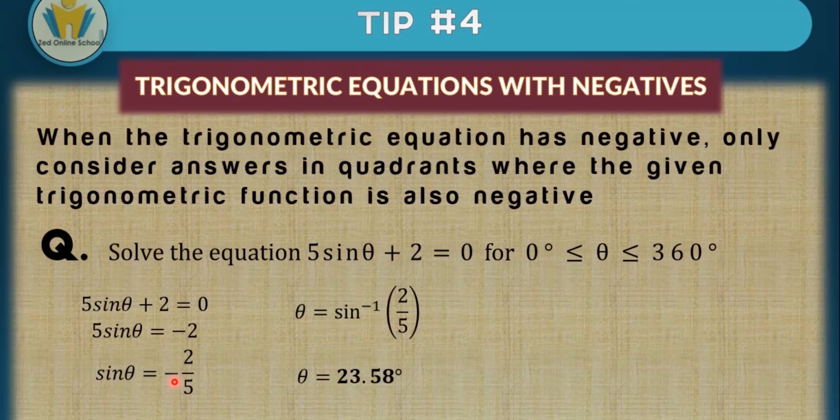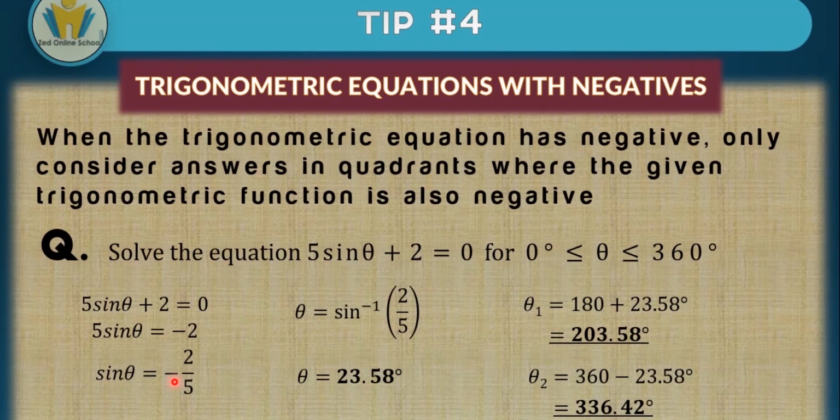We need to find this angle in the third and fourth quadrants. This angle is going to be 203.58 in our third quadrant, and it's going to be 336.42 degrees in our fourth quadrant. Basically, you should have an idea of doing this mathematics. If it's not so easy for you to understand this fourth tip, try checking our videos that explain trigonometry on the Cartesian plane.